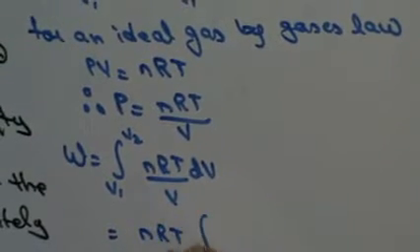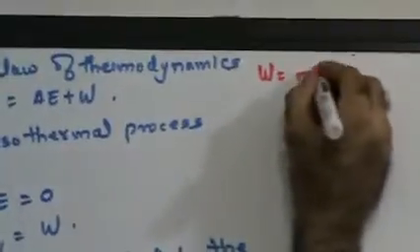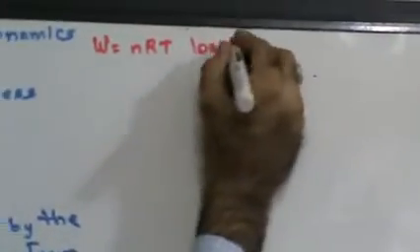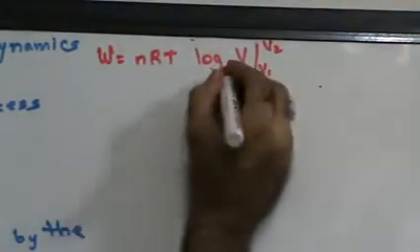This is nRT times the integral from V1 to V2 of 1 upon V dV. The integral of 1 upon V is nothing but log V. So the total work done is nRT log V with limits V1 to V2, to the base e.